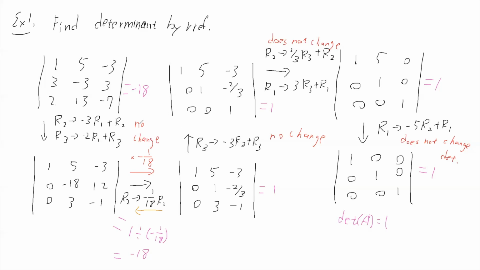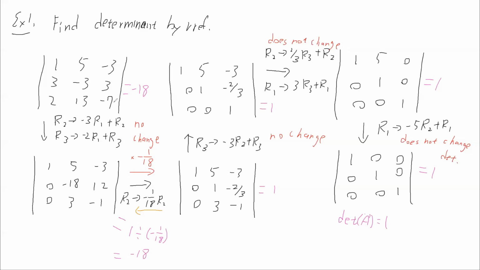Okay, so let's check if the determinant of the original matrix is actually -18. I'm going to use the method I like, the second method, to show you how we can find the determinant of a 3x3 real fast. Imagine that you have column 1 and column 2 to the right, and then you multiply top down 3 times and bottom up 3 times.